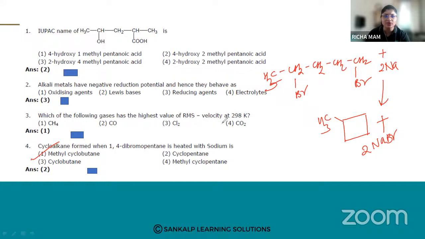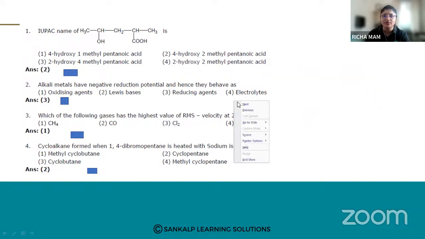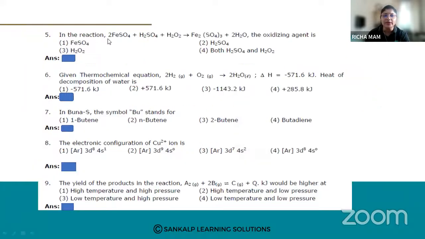So let us go for the next one. In the reaction 2FeSO4 plus H2SO4 plus H2O2 giving Fe2(SO4)3 plus 2H2O, the oxidizing agent is.